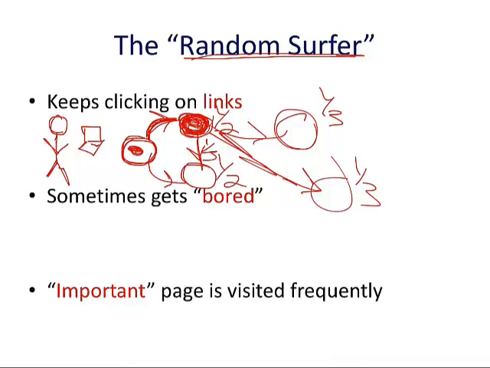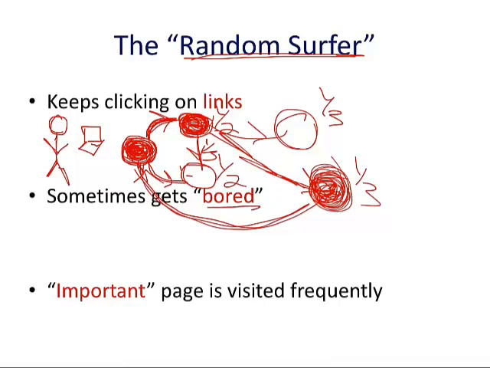And maybe you go and choose this one over here. And then maybe this page only points to our initial page, and so you'd come back here again. And you can imagine that this process would keep going on, and we'd eventually get to a very wide range of nodes and visit certain nodes many times. And the ones that we're visiting more would be the ones that are more important.